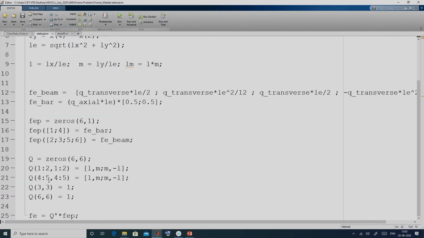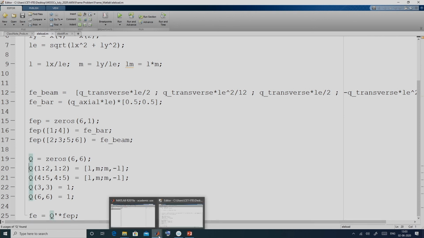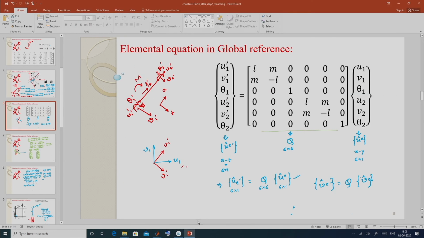So, 1, 2 and 4, 5, and for rotation degree of freedom, that 3, 3 and 6, 6 consist of 1, because theta and theta prime remain same.